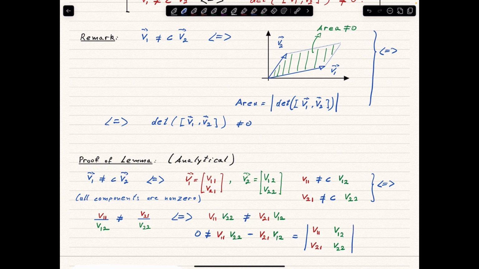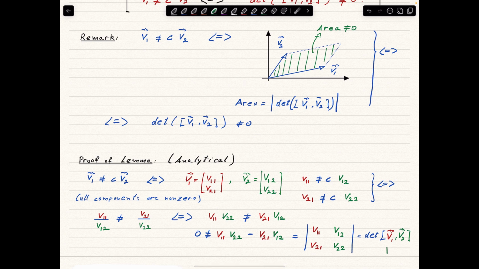If we compute the determinant, we get this factor minus this factor, and this is exactly the determinant of the matrix. This is the same as the determinant of the matrix that has V1 as the first column and V2 as the second column.